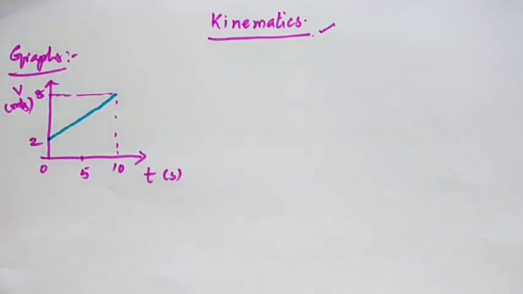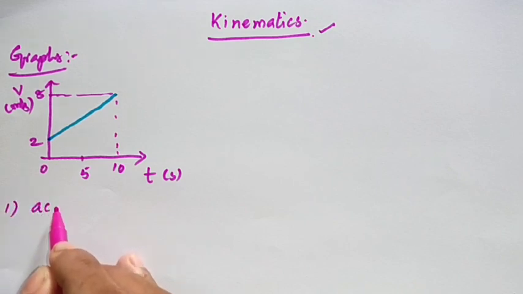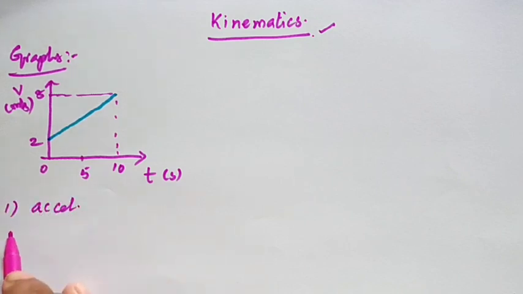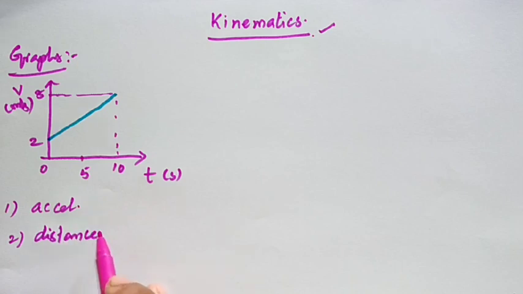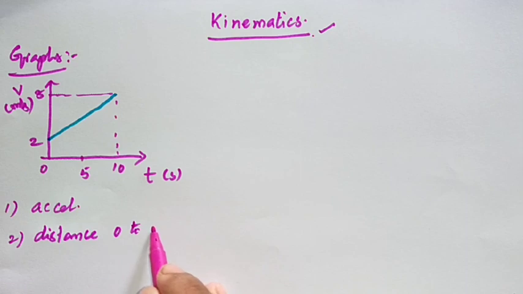From this graph what we need to calculate is, first one, the acceleration. Second one is distance traveled from 0 to 10 seconds.